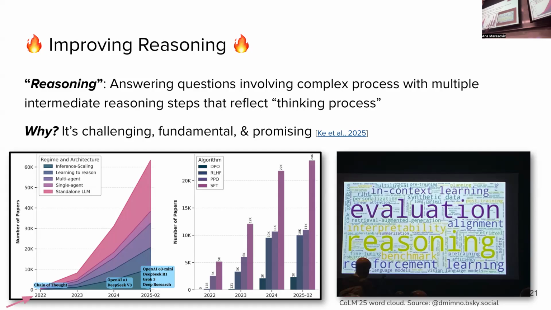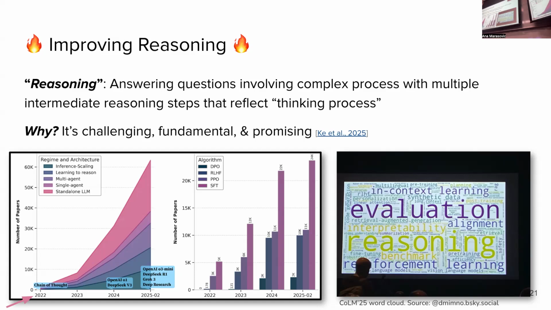This is a word cloud that the organizers of our conference on language modeling generated. It's a new but very popular conference. They took all the papers published at COLM and generated this word cloud. And you can see that reasoning has been the most popular word in research publication at the top conference on language modeling. So first of all, what is reasoning?